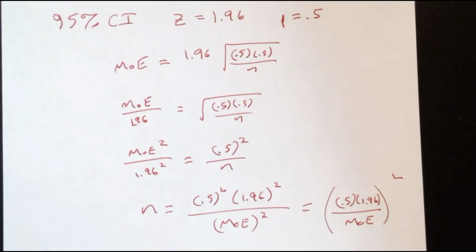If you want a 3% margin of error, you need 1,120 people. Guess what? Every single election survey you see surveys about 1,120 people, so they can announce it with a 3% margin of error.